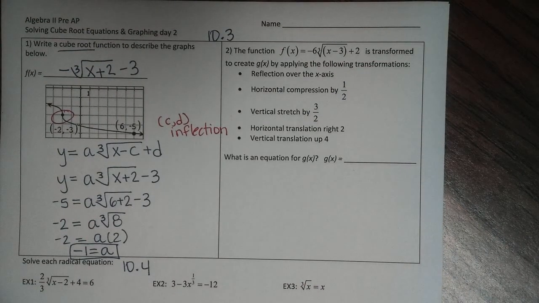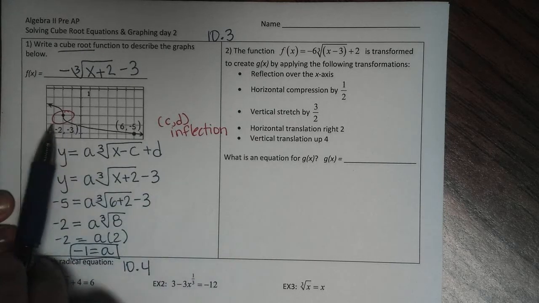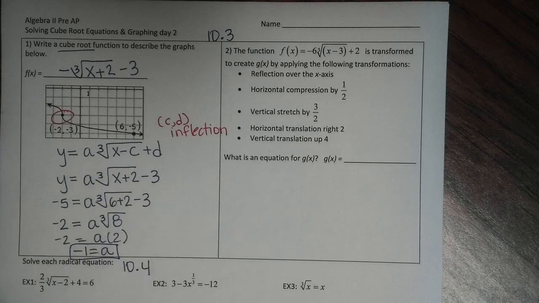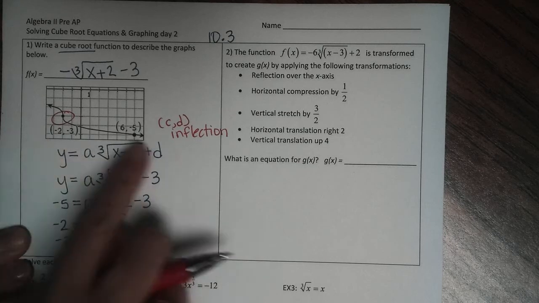So pause for questions. Okay, before we do number 2, I just want to clarify. Number 1 was called a cube root function because the graph looks sideways like this, so your equation would be a cube root. Sometimes kids get confused. On the quiz, you might see a cube root function like this, which is a sideways graph.